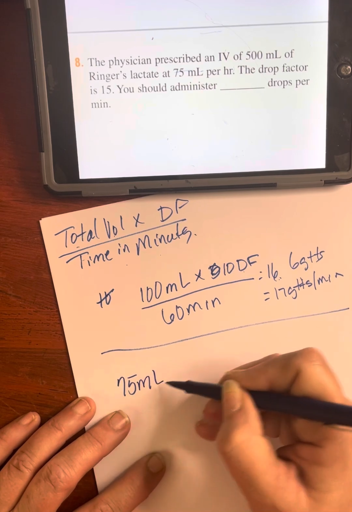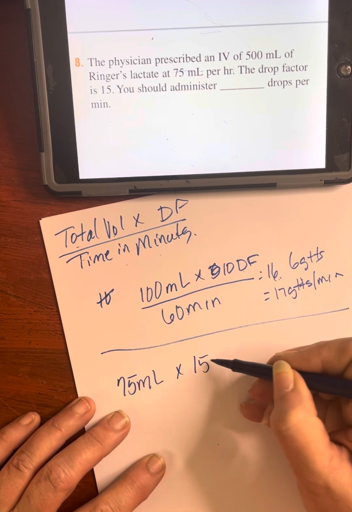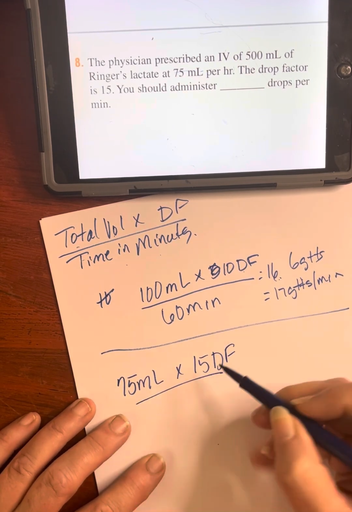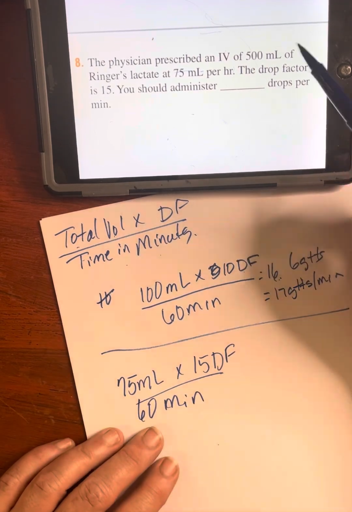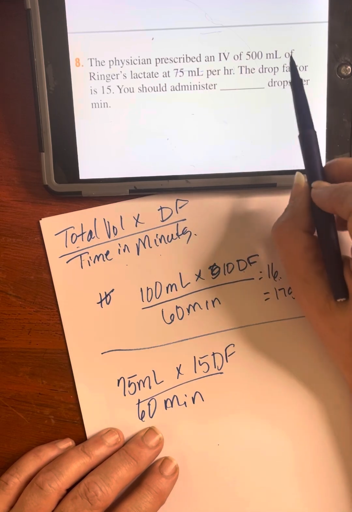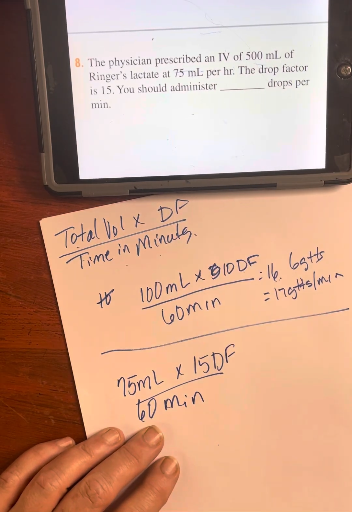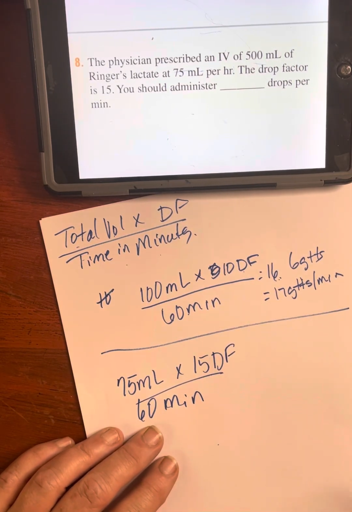75 milliliters times a 15 drop factor divided by 60 minutes. That 500 milliliters is a distractor.